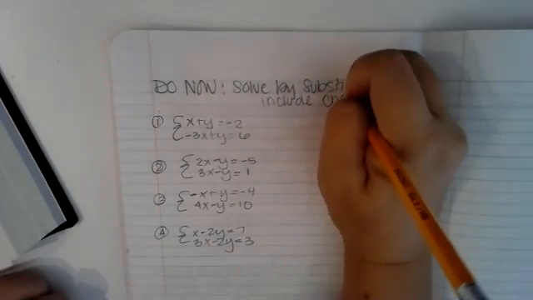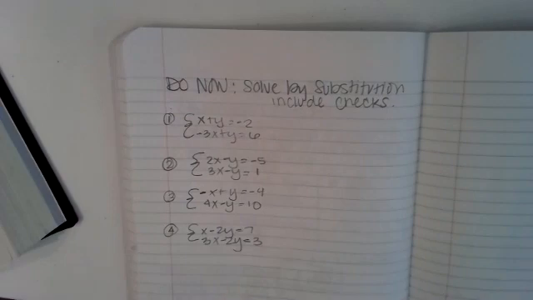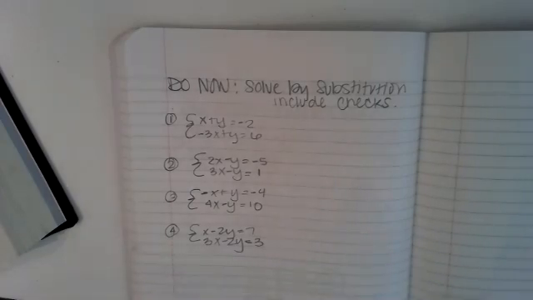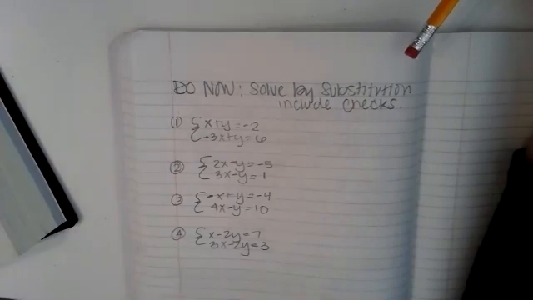I shouldn't have to write this, but I just want to specify that you need to include your checks when done with this. And then also, so that basically is it for solving by substitution.